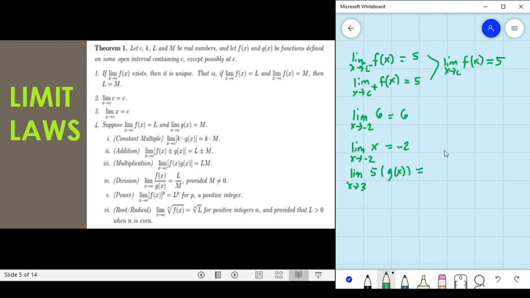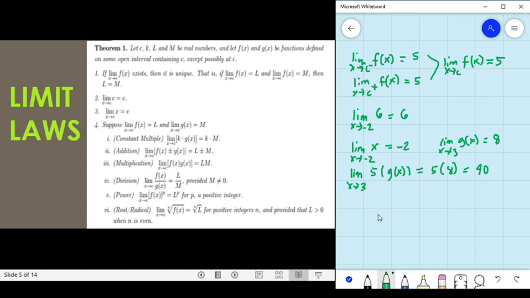If the limit of g(x) as x approaches 3 is equal to 8, then substituting, we have 5 times 8 is equal to 40. So this 5 must be multiplied to the limit of g(x) as x approaches 3.